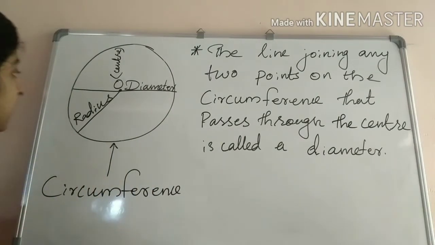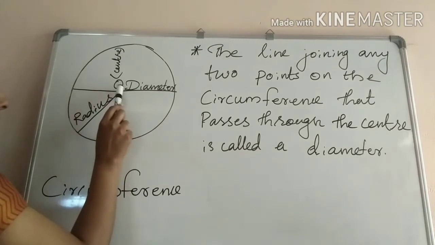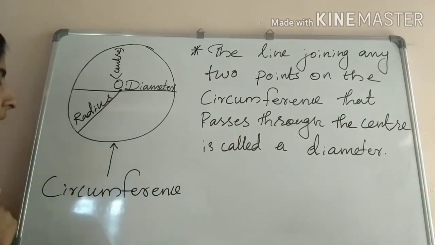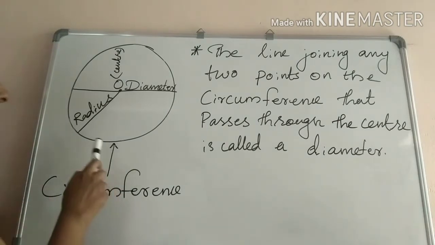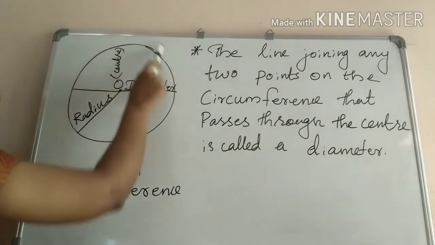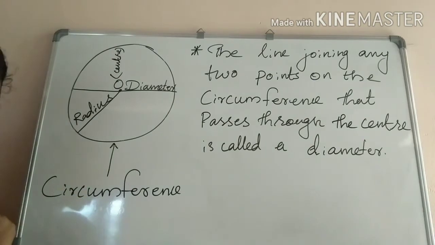Once again, this point O is called the center of the circle. The boundary of the circle is called the circumference.